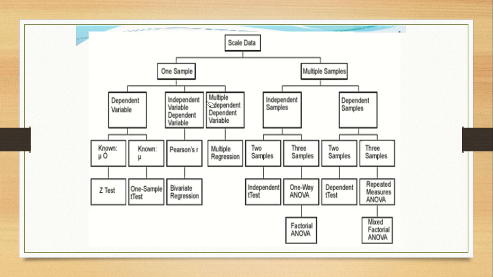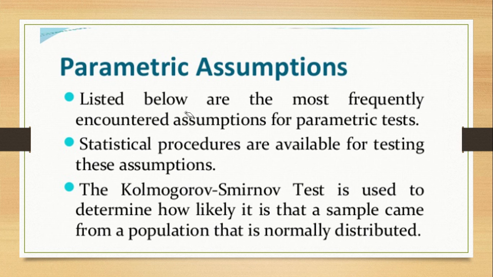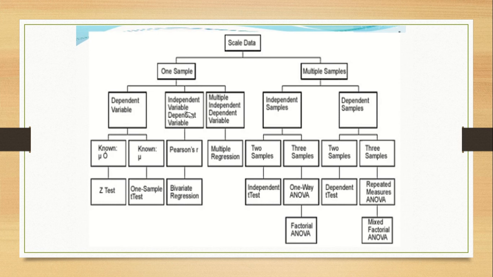Okay, so here is the diagram of what type of test we are going to use. It depends on the situation. For example, for scale data, we have to ask if it's one sample. If yes, then check if there's a dependent variable.